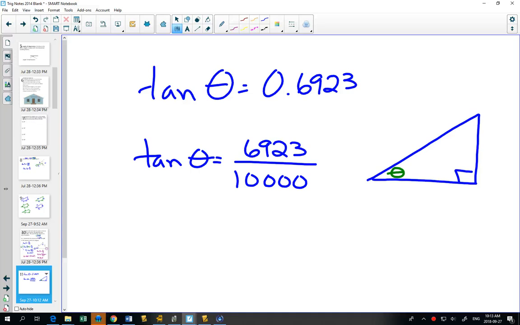So I could draw a new triangle where this side is 6,923 and this side is 10,000. And if I go to my calculator and say, I want to find angle theta, well, angle theta, I would have to do tan inverse of this side, tan inverse of that side.